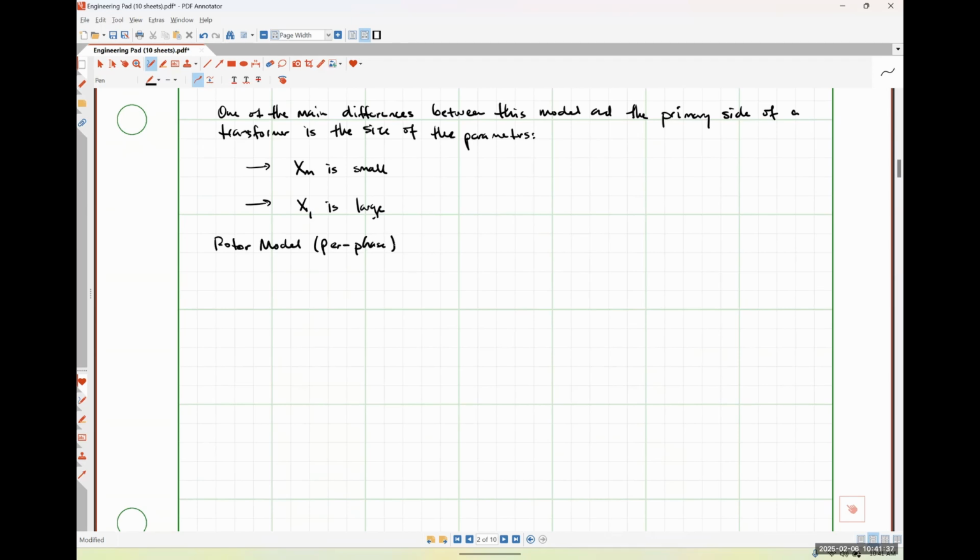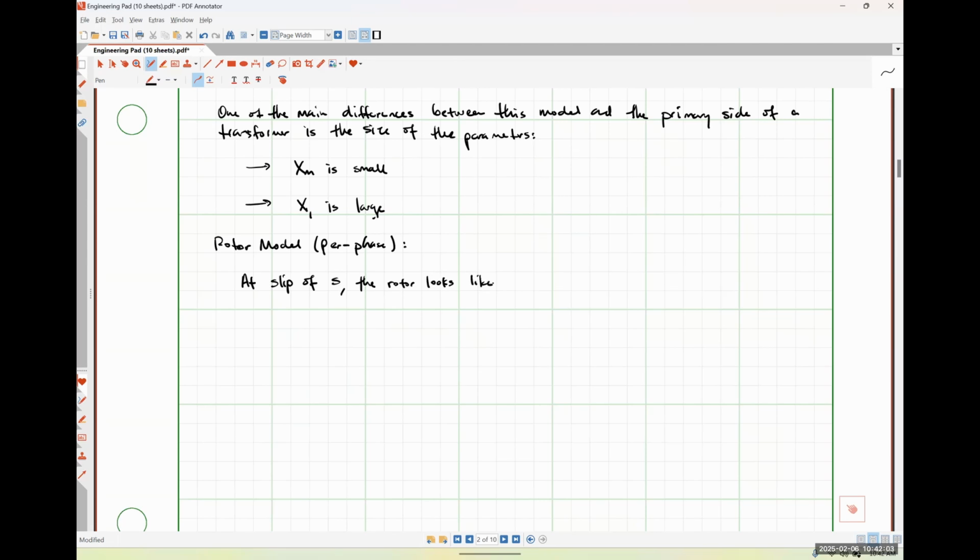And this is what we're going to treat our rotor like, even if it's a squirrel cage, because it's going to behave in the same way. At a slip of S, the rotor is going to look like this.